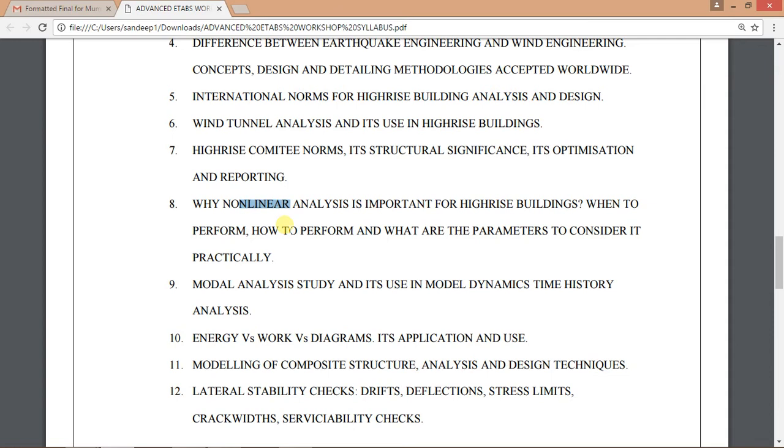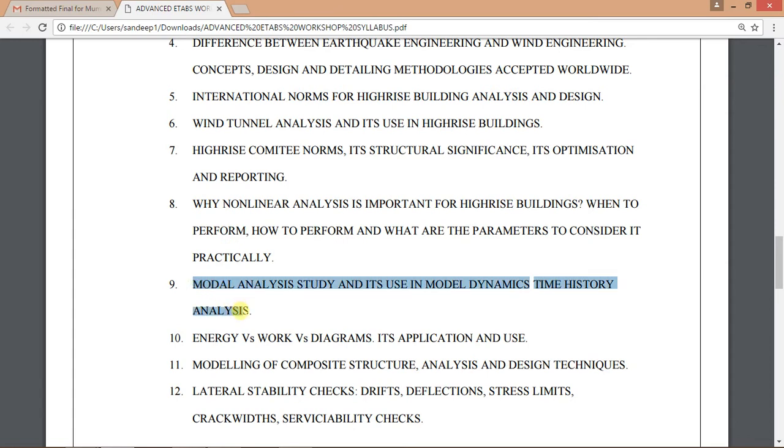In certain areas such types of analysis become vitally important. So when to do what type of analysis, why to do it, how to do it, what all the parameters we need to consider, how the software will perform when we add those parameters, how to check those parameters after the software has performed the analysis, and then how we get into the design. So those aspects will be studied in this.